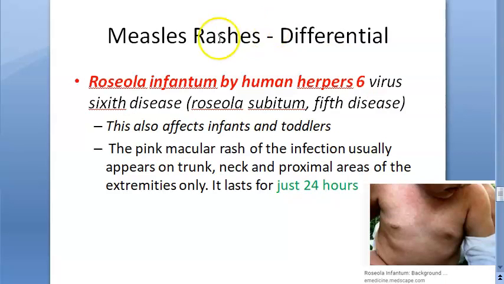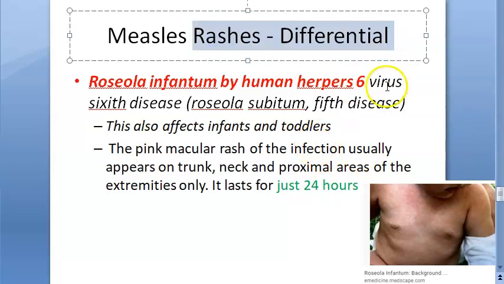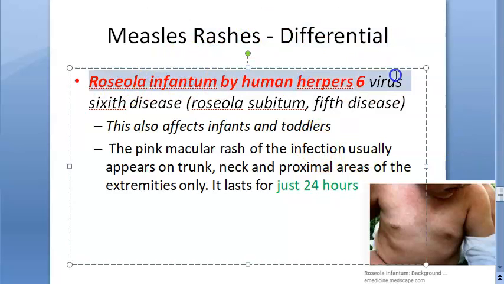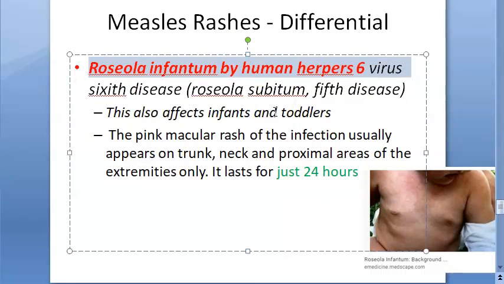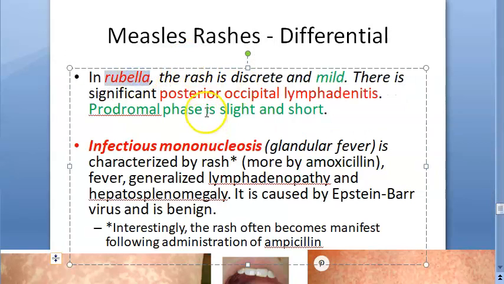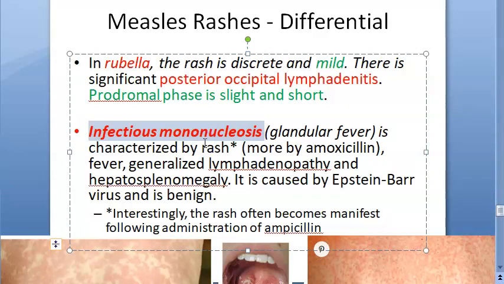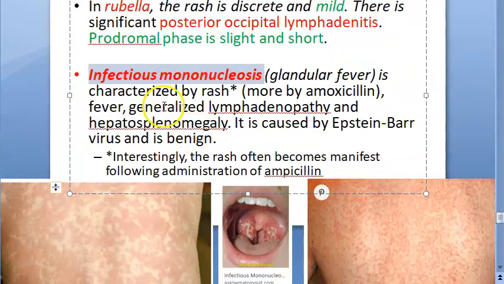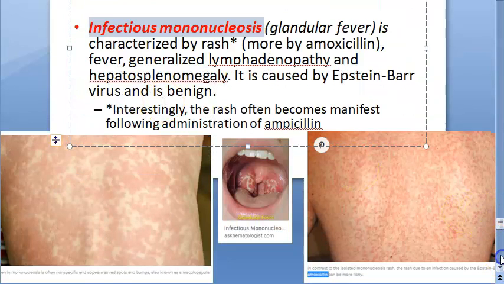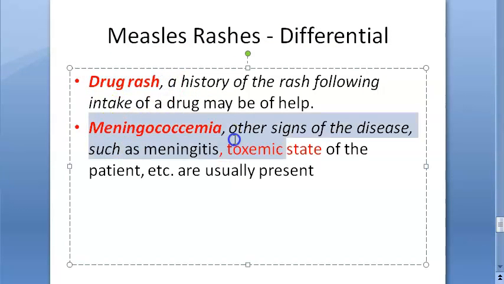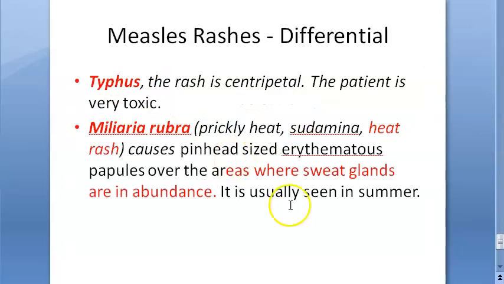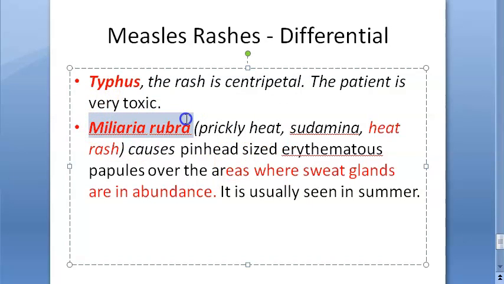Otherwise, it's not required. You should be able to differentiate it from other conditions like roseola infantum by human herpes virus 6. You should be able to differentiate it from rubella, from infectious mononucleosis, and from drug rash, meningococcemia, and typhus, and Miliaria rubra, that is prickly heat rash, okay.